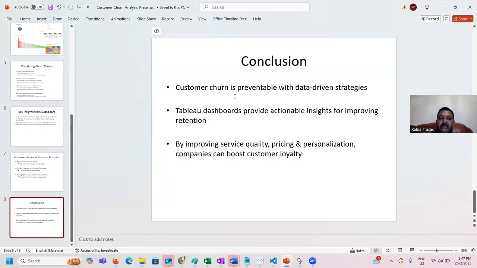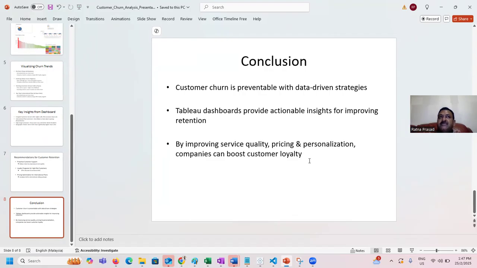Ideally, the conclusion is that customer churn is preventable. It's not a big thing, as long as we understand the data-driven strategies. Use visualization tools like Tableau, which can provide actionable insights, and improve the quality of services like customer care turnaround time to solve problems, and introduce personalization plans.